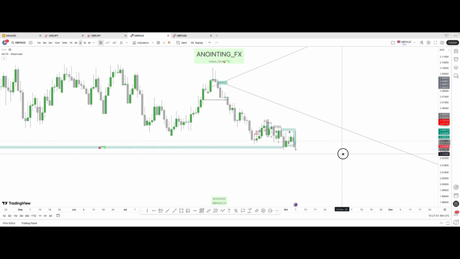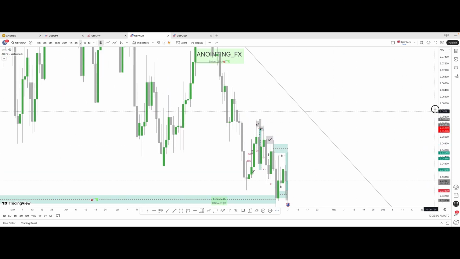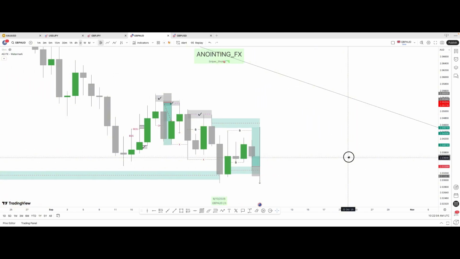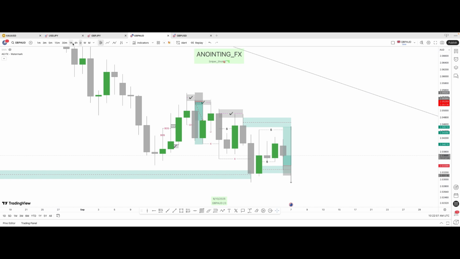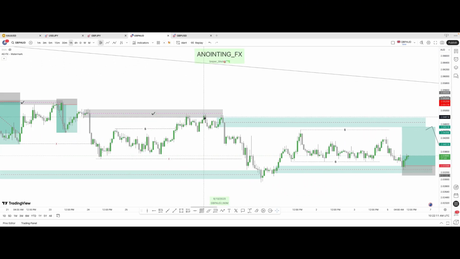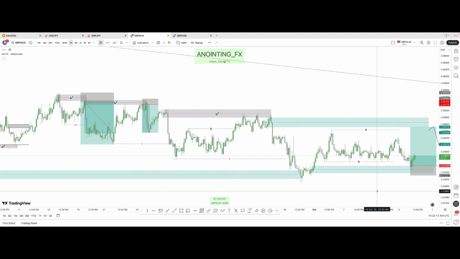Once you open up the chart, make sure you zoom it up so you can see all the candlesticks clearly. Afterwards, you switch to the lower time frames to do your markups or analysis.